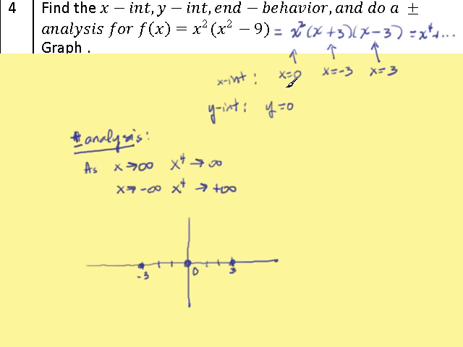Let me put that back, that x squared. Because of the x squared, this one has multiplicity 2, so it's a touching point. Maybe I'll just put a little circle around here, just as a light reminder. So like I said, end behavior, we're going to just indicate that here, up on the right and up on the left.